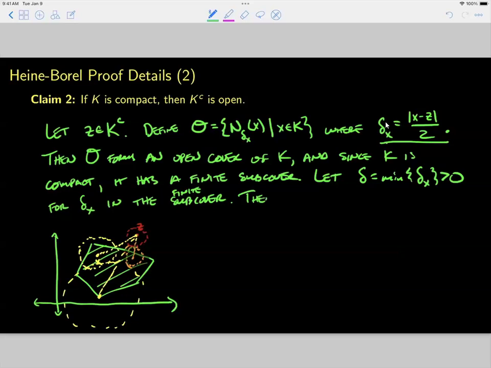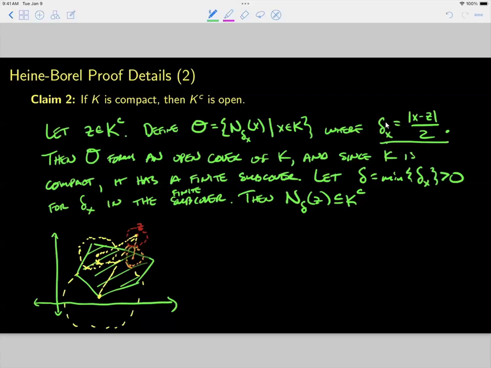So then if we look at the neighborhood of radius delta around Z, a couple things. First of all, this lies entirely in, let me actually think about that for a second. Is that true? Yes, sorry. This lies entirely in K complement, right?